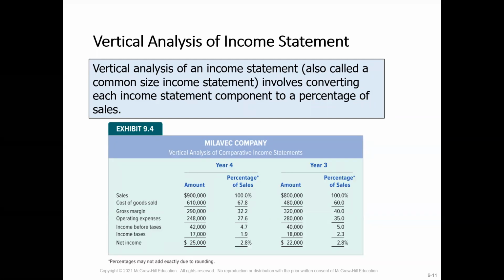We just want to look at cost of goods sold as a percentage of sales. And we might do this for more than one period. We have year 1 versus year 2 or 3, versus year 4. So we can look at our financial statement items as a percentage of sales.